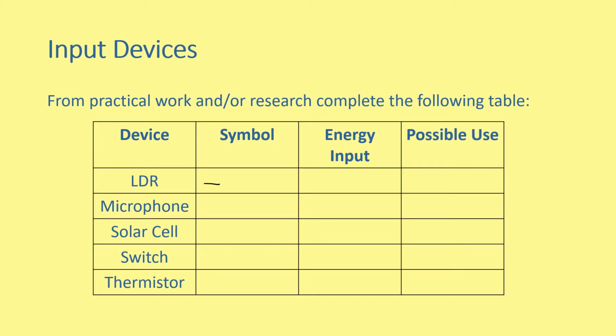We start off with the symbol for a resistor, but then to show it's light-dependent, we have arrows going in, which is our light. The energy input is light, and a possible use for an LDR, you could have street lamps which turn on automatically. You could also have security lights.